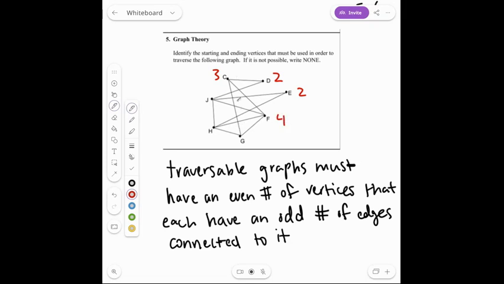G is H, C, F, that's 3. H is J, E, F, G, it's 4. And J is H, F, E, D, it's also 4. Then you see that the only vertices with an odd number of edges connected to them are C and G. And this will be the answer.